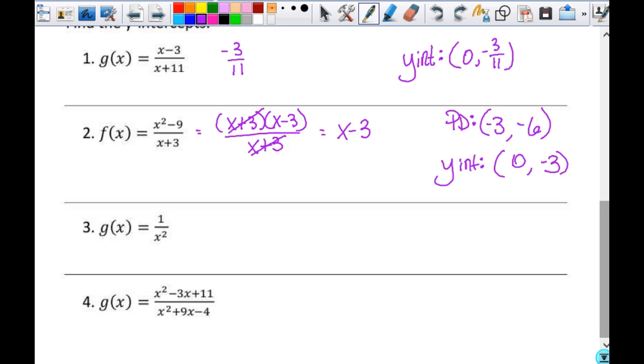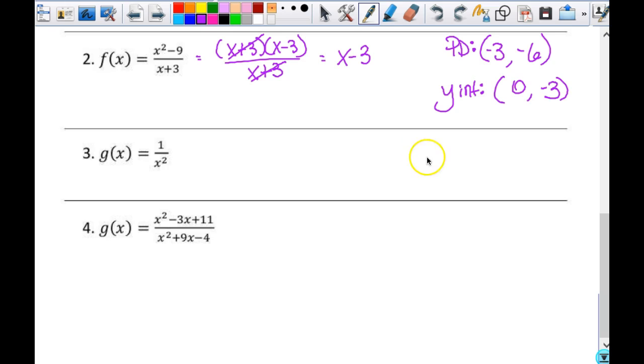I'll finish writing these down. Okay, so I can't factor or reduce here.